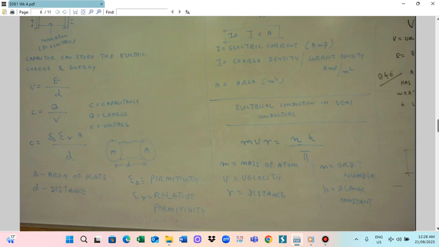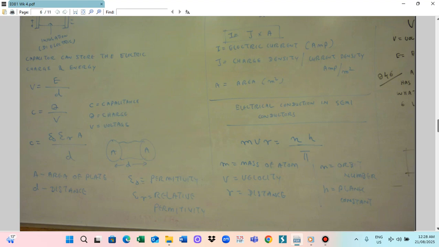Now we can also talk about the static field. For the static field, you can multiply the electric density by the distance to calculate the static field charge. Static field is usually related to the capacitor. A capacitor stores static electrical energy, static charge.